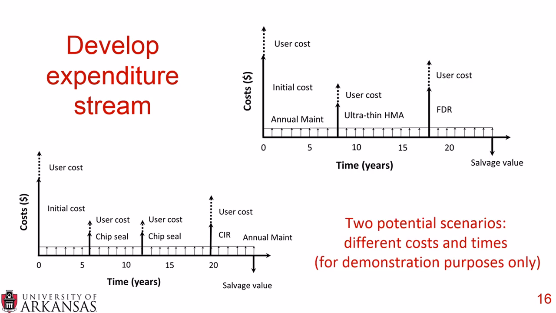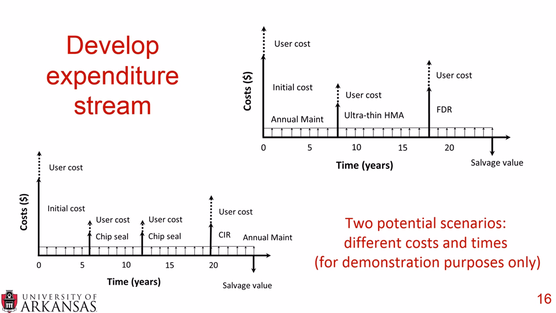And you can compare this to another scenario. This is also a flexible pavement, but here at year 8, they place an ultra-thin HMA overlay, and at year 18, they place full depth reclamation. And again, there's some sort of salvage value at 25 years. So you can see both flexible pavements, but instead of placing 2 chip seals and CIR, you place one ultra-thin HMA and one FDR.